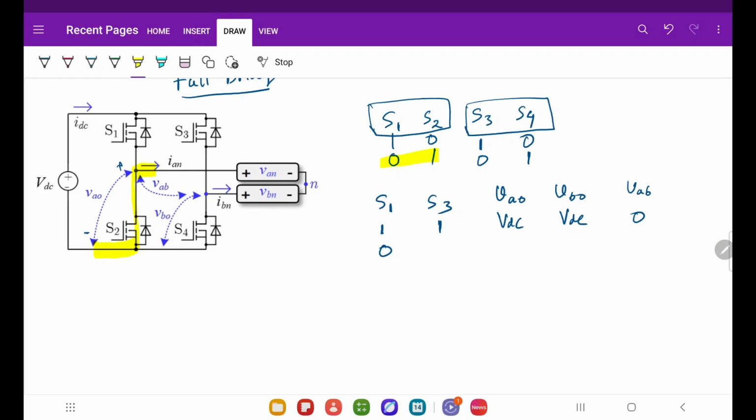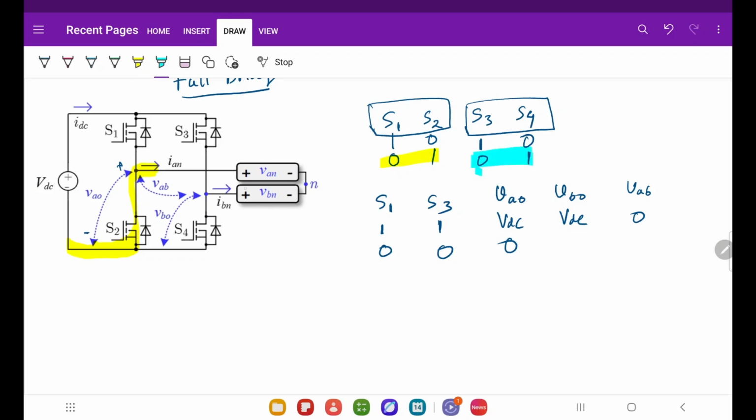Is that clear? So if this is short circuit, VAO is going to be 0, and S3 is 0 means S4 is 1, right? You can see that if S3 is 0, S4 is 1 like this.